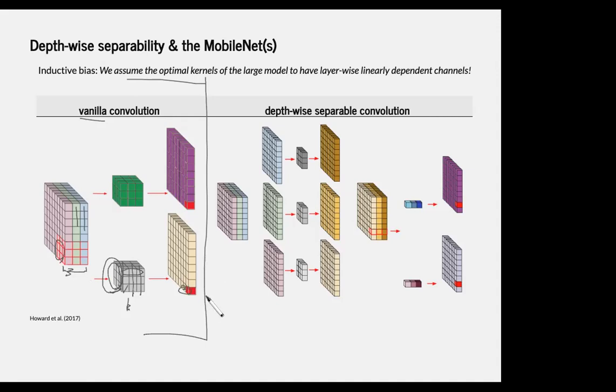So if you think about vanilla convolutions in this form, then what depthwise separable convolutions do becomes a bit easier to understand. They try to separate these two distinct jobs into two separate layers. And they make an additional inductive bias on the design of the convolution, to say that all convolutional kernels inside their network are actually going to be a linear sum of shared spatial pieces of information.